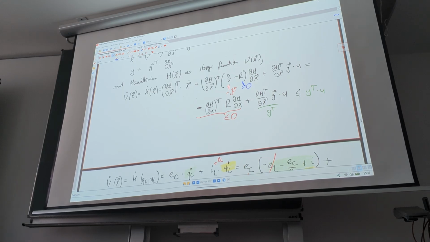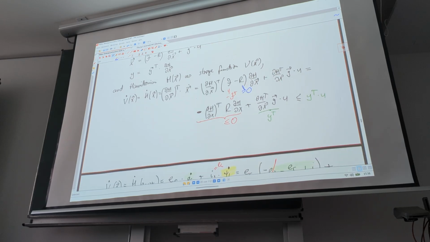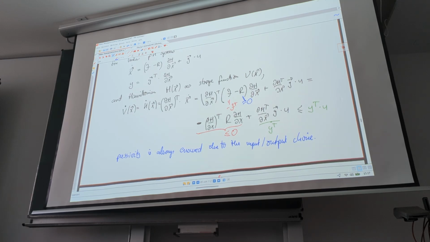Okay, so in general, passivity is always ensured due to the input-output choice. I call it choice, but it is basically the setting. Since this is the transpose of this, we have ensured passivity always.